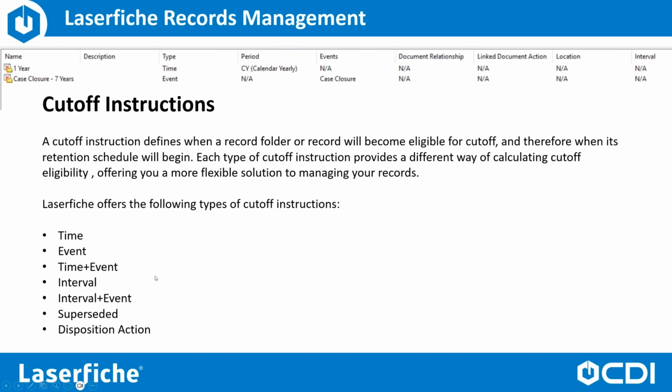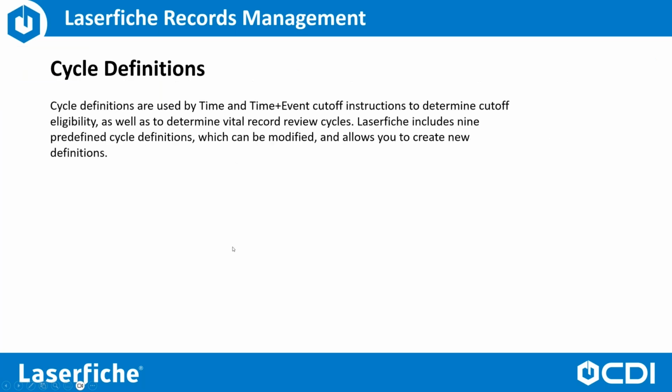Superseded, if a document replaces another one, records management can say, oh, well, this was superseded by this new policy, this new procedure, and that can make it start a timer and begin its records retention rule, and then disposition action. You know, if something has a disposition action done to it, maybe there's another retention guideline after that. So those are your cutoff instructions and kind of how those work.